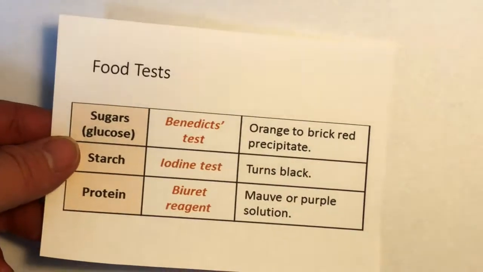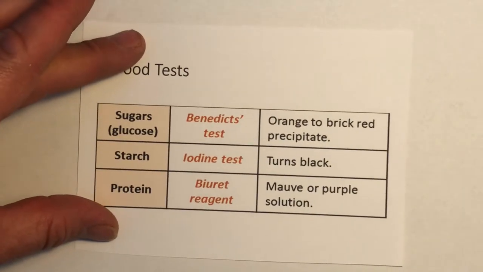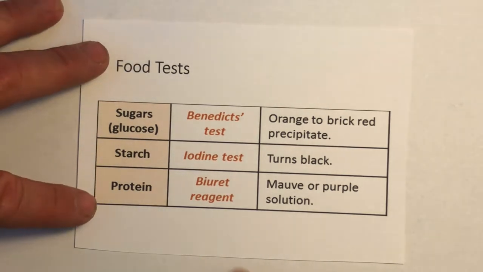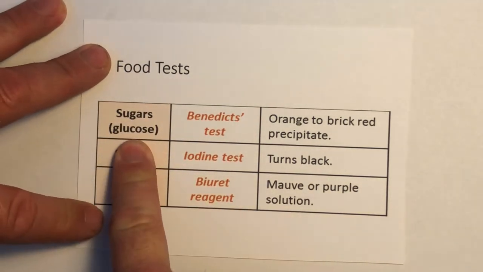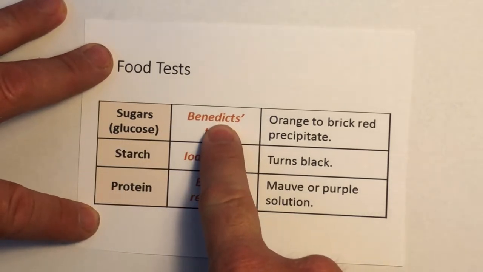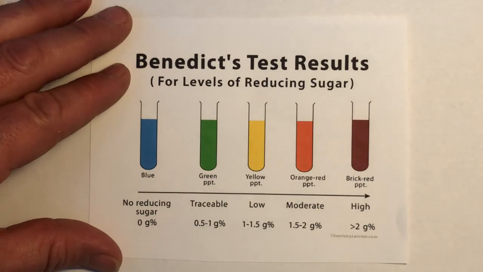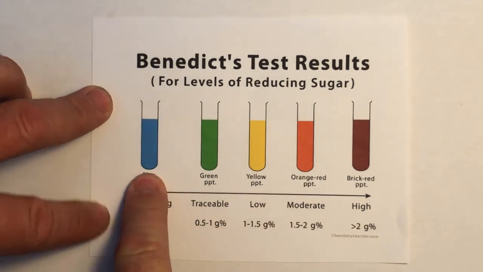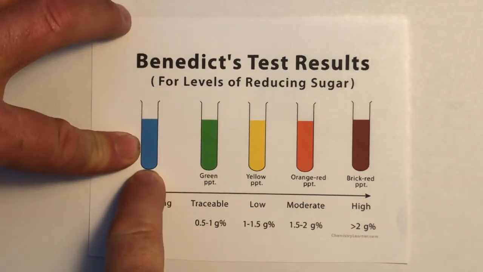Now, these are then the three tests. There are others, for example, a fats test, but these are the three most common ones that are ever asked about. Sugars, particularly glucose, is the Benedict's test. It has a variety of colours depending on how much sugar is present. It starts off at blue, which is the starting colour of the Benedict's reagent.